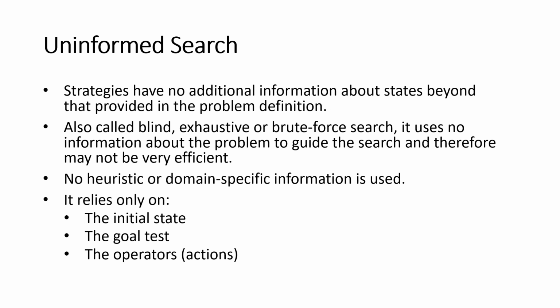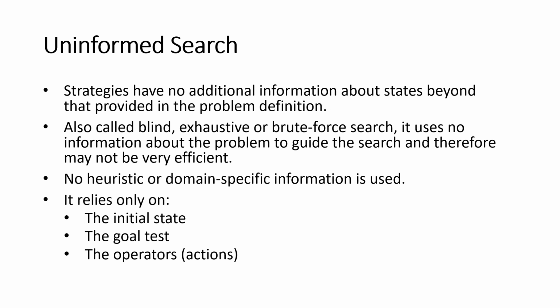So this algorithm tries everything possible until it finds the solution. For example, trying all passwords one by one or searching a name in an unsorted list, we can consider as examples. Here no heuristic or domain specific information is used.